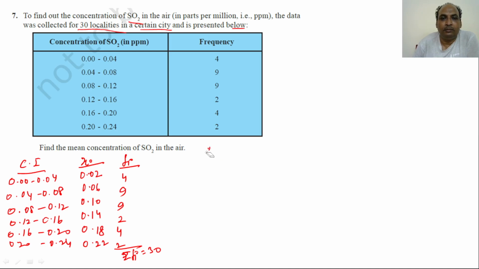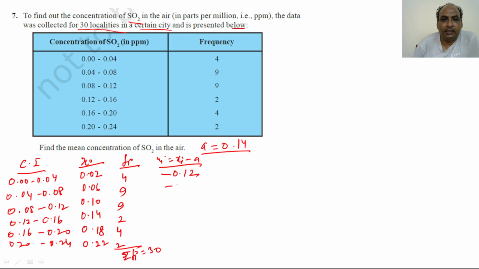Assumed mean A is equal to, take it as 0.14. So ui, xi minus a. 0.02 minus 0.14 gives us minus 0.12.